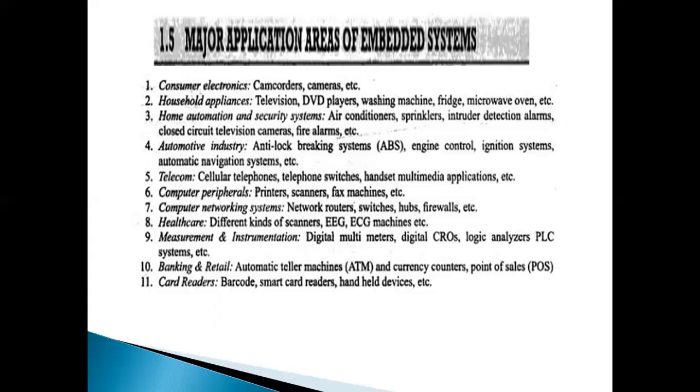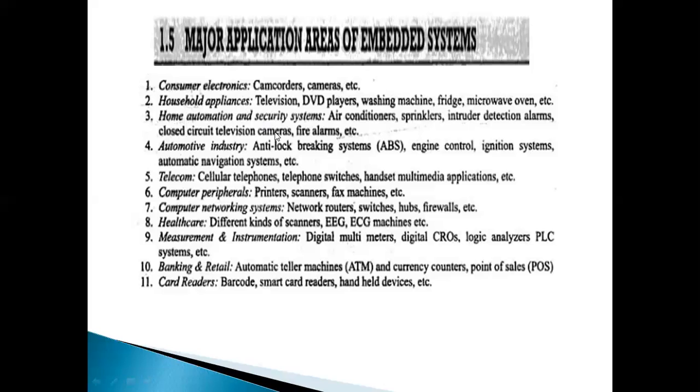For example, a washing machine is given an electronic panel to select the type of cloth and the duration, and the speed can also be selected. In a fridge, we can select the cooling levels, whether much colder or normal. Different levels are given, and everything is controlled by the embedded system.